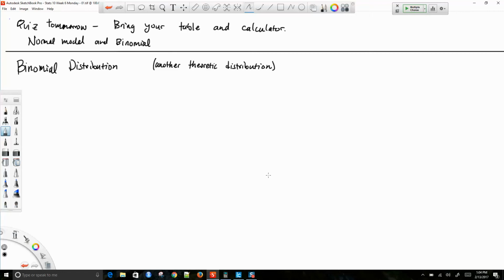And the idea behind a binomial distribution is that you repeat a random trial n times. Okay, so this is kind of the setup for the binomial, is you repeat a random trial n times.